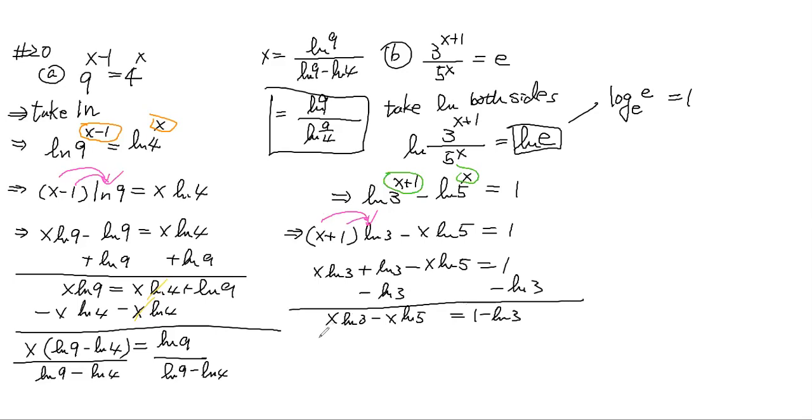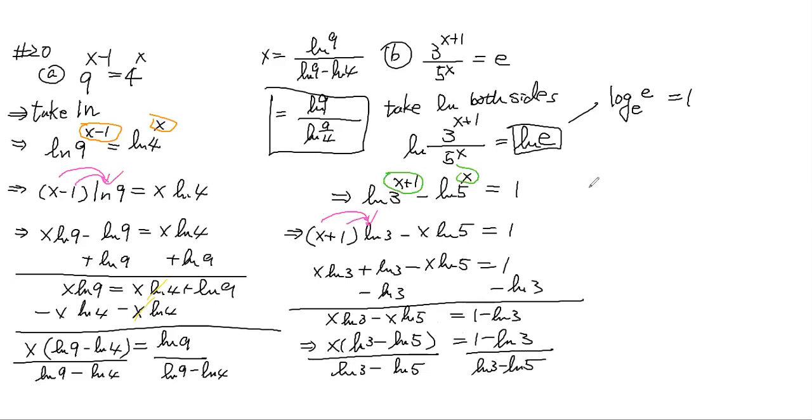Now you can factor the x out. So this is x times natural log 3 minus natural log 5 equal to 1 minus natural log 3. Then you divide by natural log 3 minus natural log 5. So what is your x value? The x value is 1 minus natural log 3 over natural log 3 minus natural log 5.